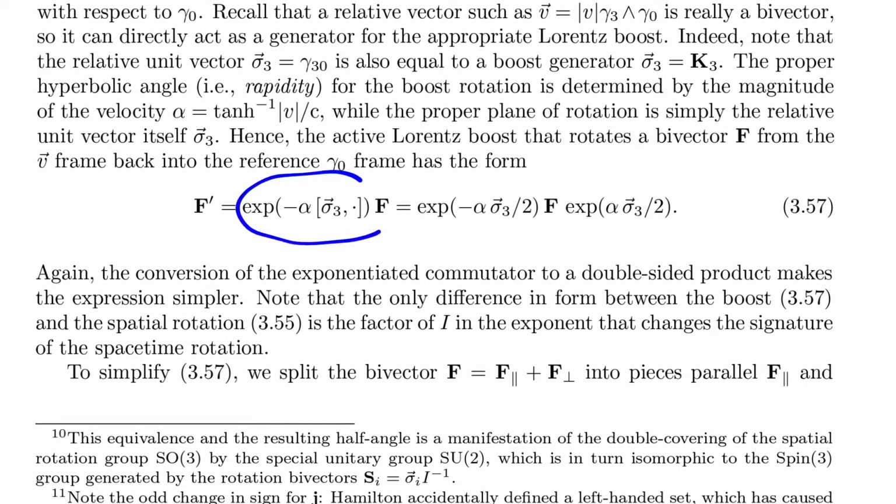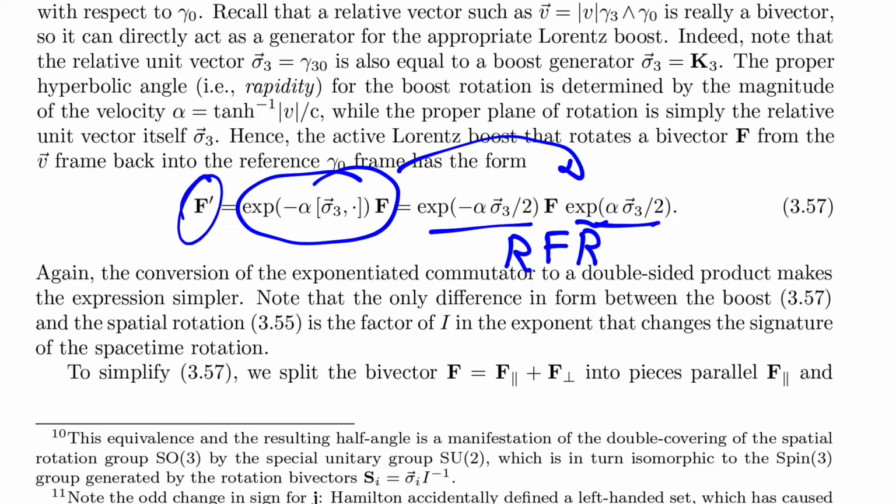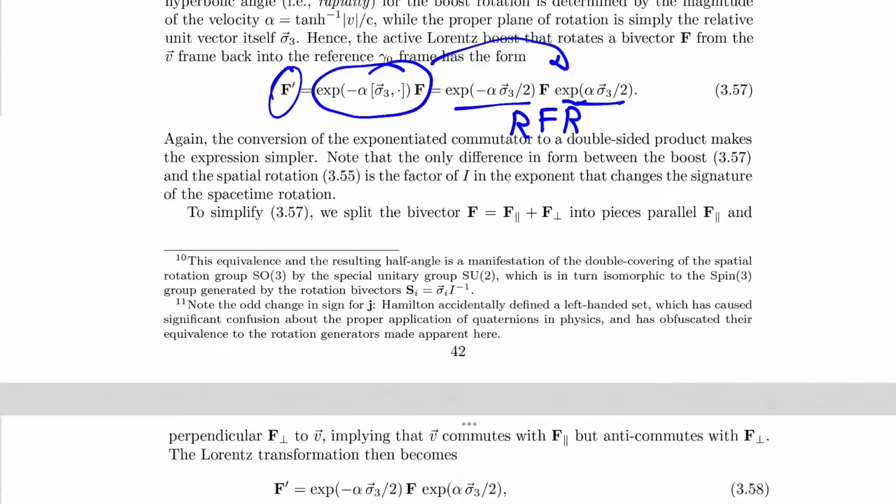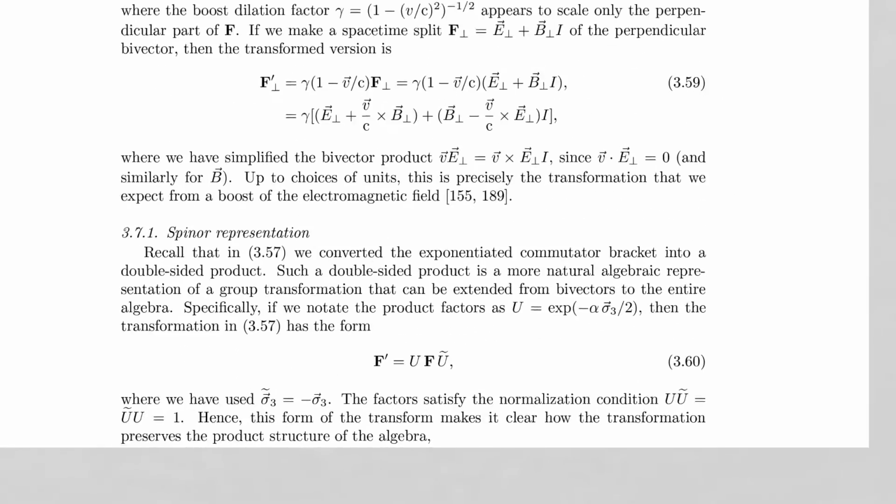So we had this object here that we converted into this double-sided product. And we now write that as U as RF, R reverse.